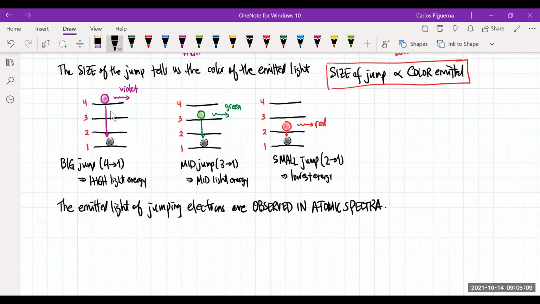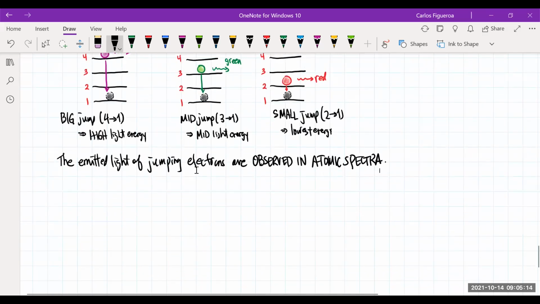So it looks something like this here. So let's say that we have an atom. Okay, I think I still have this, so let me put this here. Let's say that this is our atom right here. So if you look at this atom, here's what we're going to see. I have this atom, and this atom is going to jump all the way down, and it's going to emit violet, of course. Then I have this atom, and this electron is going to jump all the way down.